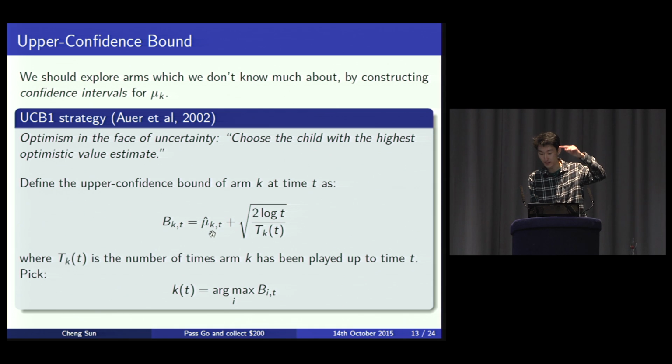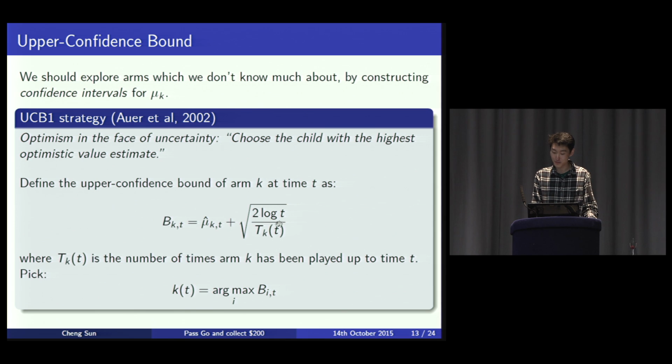It's just the empirical mean plus the size of the confidence interval. This term is also known as the exploration term because it encourages us to explore other arms. And you'll notice that it depends on t, which is the time, or the number of arms we've pulled so far, and also big T, which is the number of times we've played arm K up to this point.